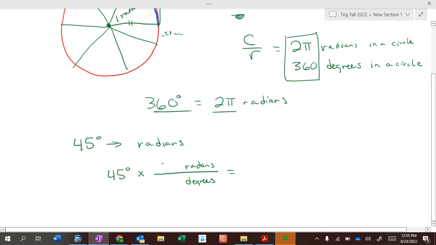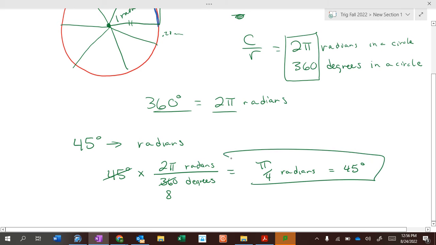We said there are 2 pi radians in 360 degrees. How many times does 45 go into 360? 8 times. So you get 2 pi over 8, or pi over 4 radians. Pi over 4 radians is the same as 45 degrees.